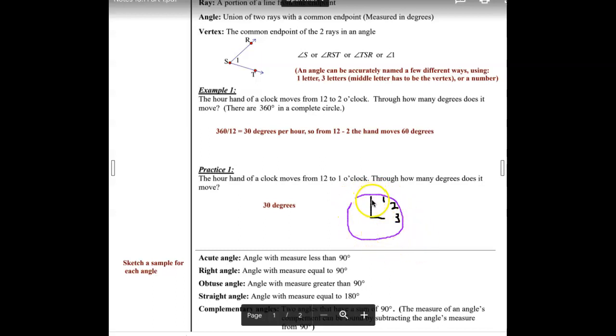So as this hand moves from one hour to the next, it's moving 30 degrees. As an hour passes, this hand is going to go from pointing at 3 to pointing at 4. And this amount of rotation we're saying is 30 degrees. So if it moves 1 hour, 30 degrees. If it moves 3 hours, it's 30, 60, 90 degrees, right? So that's the concept here.